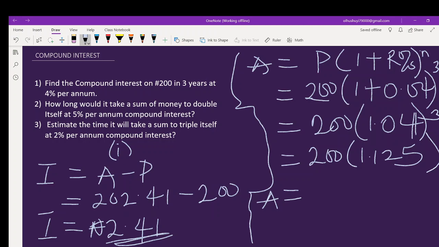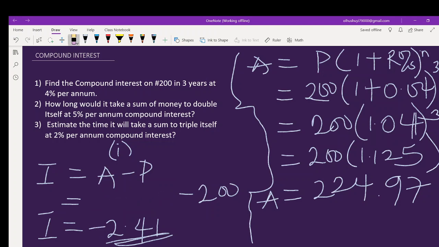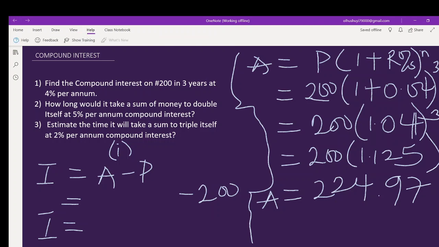That'll give us 224 naira 97 kobo. So this should be 224 naira 97 kobo.